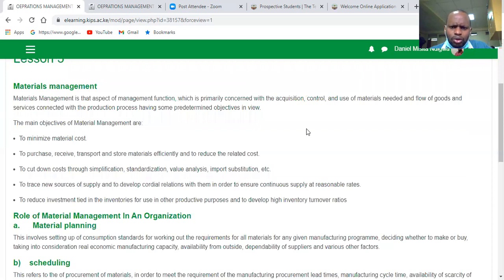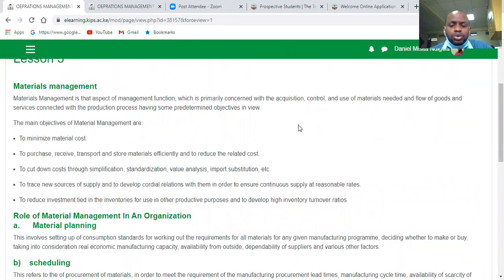Then you also talk about being able to purchase, receive, and transport the stored material efficiently and to reduce related costs. So you'll be able to purchase what is only required in the organization. Therefore, you'll be able to reduce the related costs of material. Then it helps you to trace new sources of supply and to develop cordial relationships. So you'll be able to look for suppliers for your product.